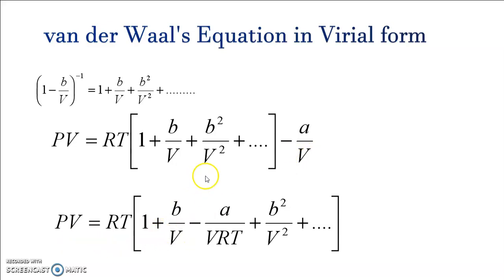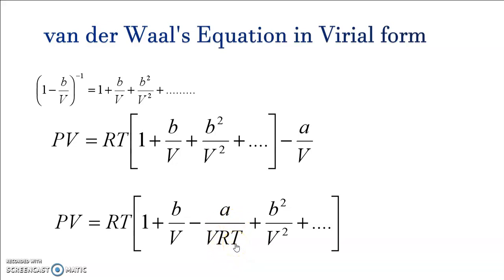Next, how does it convert to this type? I am involving this term also inside the bracket. For that, I want to multiply and divide this term with RT. Then we can take an RT common from these two terms, so there will be an RT in the denominator.